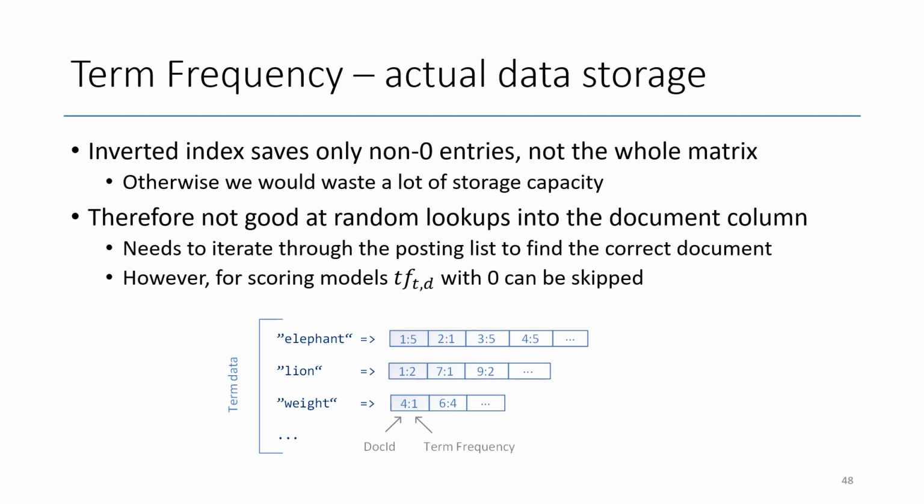Therefore, it's not good at those random index-based lookups that you could do in such an array-based matrix data structure. However, we don't actually need to do a random lookup on the document dimension because we have to score every single document per posting list.